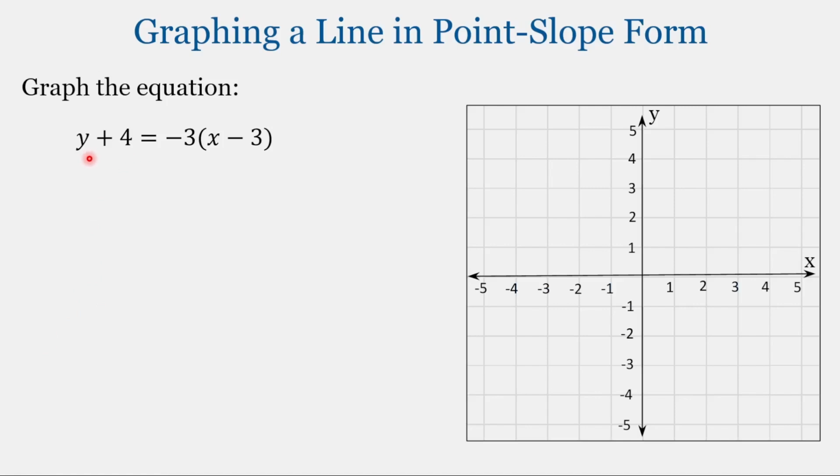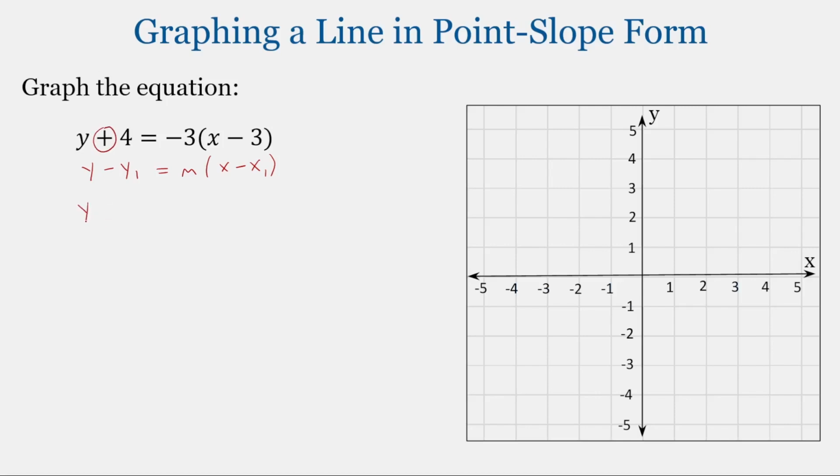Here we have the equation y plus 4 equal to negative 3 times the quantity x minus 3. So the first thing I'm going to do is rewrite this without any additions. So in this case, I'm going to convert that addition into subtraction.